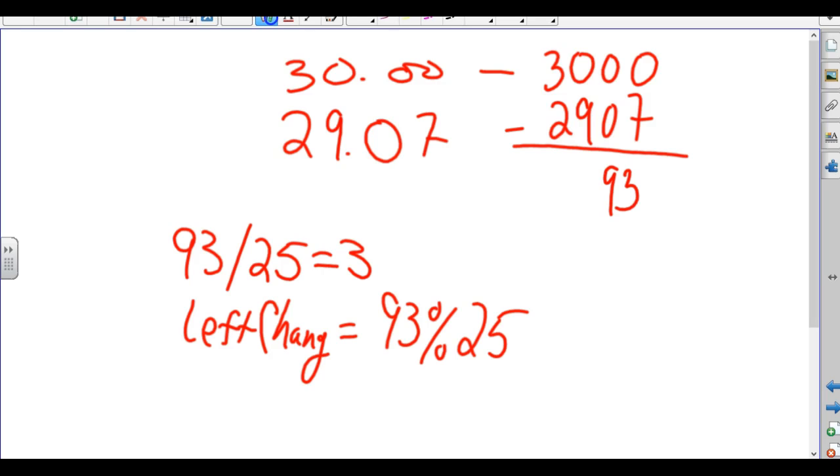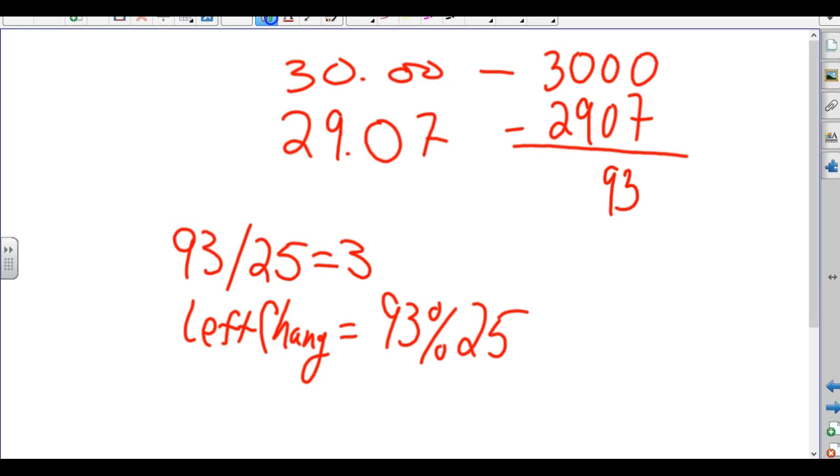Only this time I'm not using 25, I'm doing 10. So 93 mod 25, that's 75, minus 93, is 18. Thanks. Just want to make sure people are listening.